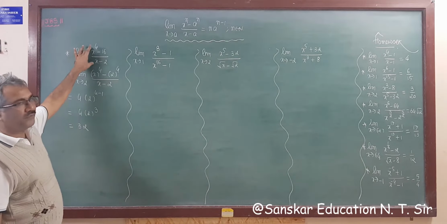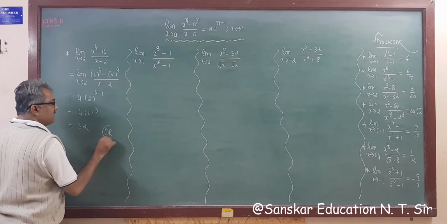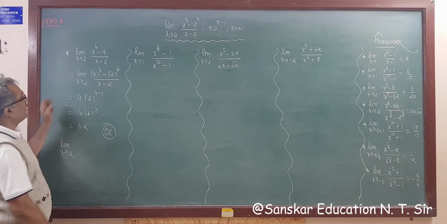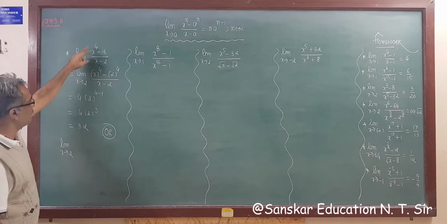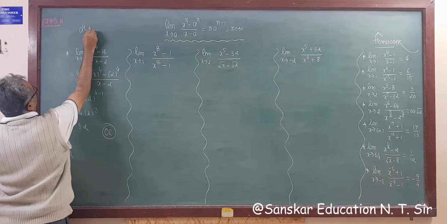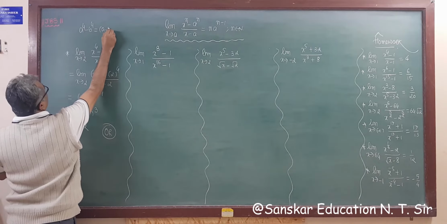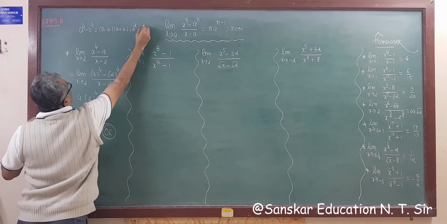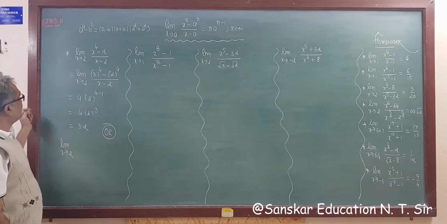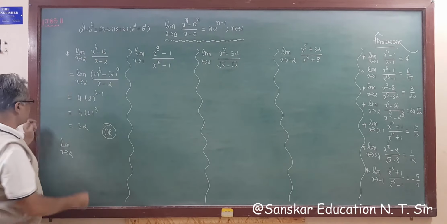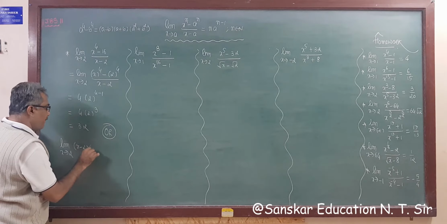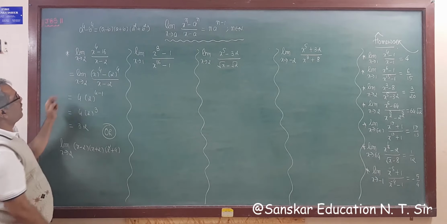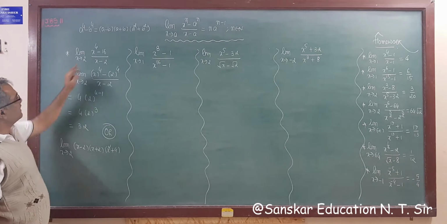And if you want to factorize this, then your answer will be the same, but the method is limit x tends to 2. Now factor of this, that you know, a raised to 4 minus b raised to 4 is a minus b, a plus b, and a square plus b square. So factors of this, with 2 raised to 4, are x minus 2, x plus 2, and x square plus 4, where a is x, b is 2.